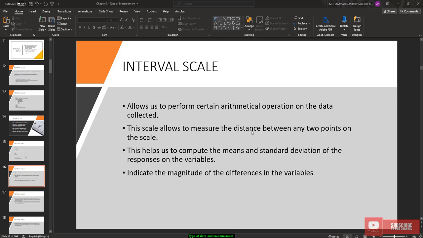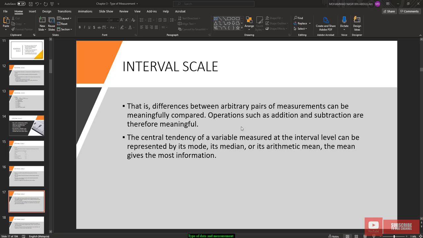This helps us to compute the mean and standard deviation of the responses on the variables. This also indicates the magnitude of the difference in the variables. That is, the difference between an arbitrary pair of measurements can be meaningfully compared. Operations such as addition and subtraction are therefore meaningful, right?